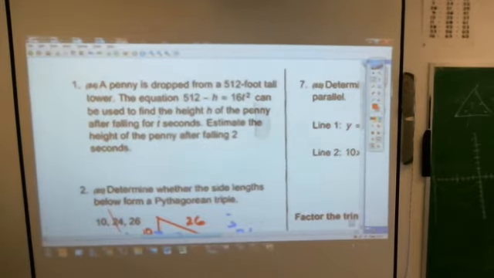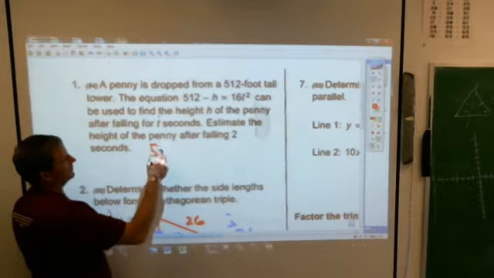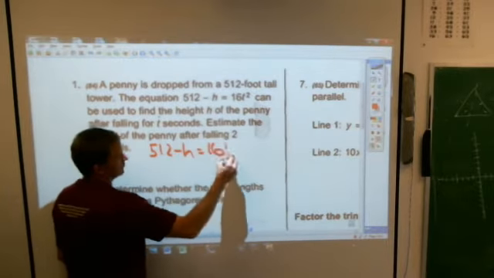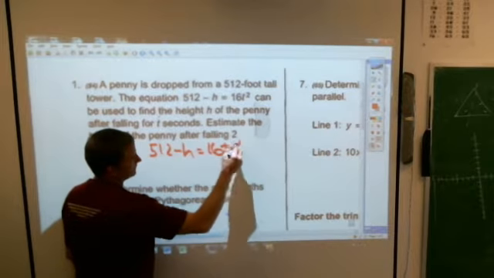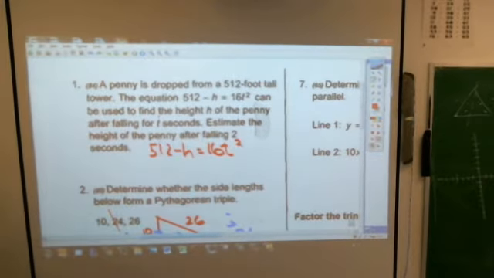A penny is dropped from a height of 500, and the equation can be used to find the height h of the penny after falling 2 seconds. Estimate the height of the penny after falling 2 seconds. So, Brooklyn, the beauty of this is the book does everything for you. They're either going to tell you the height or the time. They give you the time here.